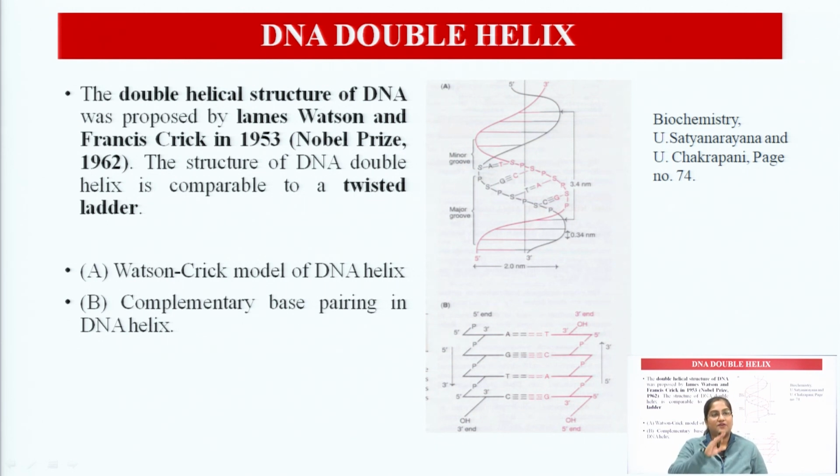It is a right hand helix. If you see the telephone wires in your houses, how they are rotated, how they are helically beautifully arranged, that is a right hand helix. DNA has a right hand helix, that means both the strands are helical in the right hand direction.